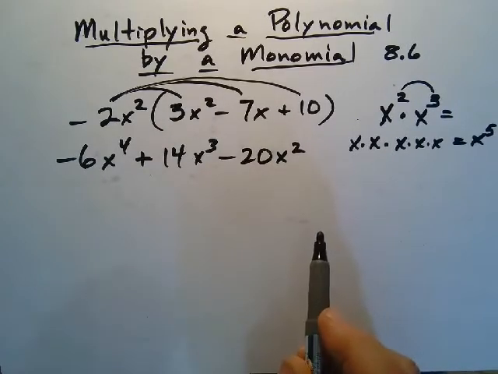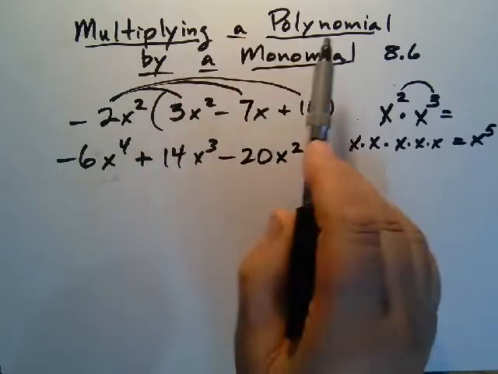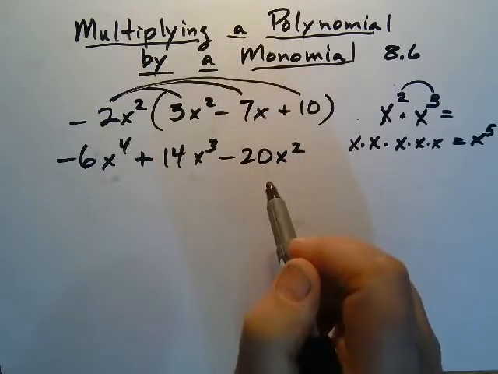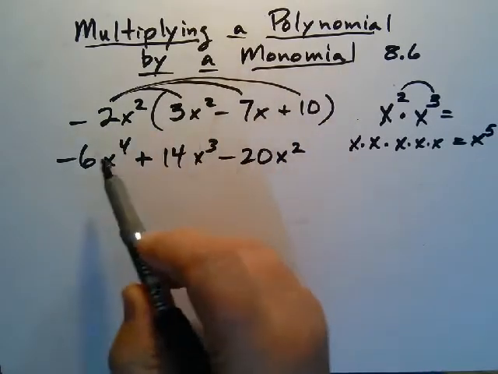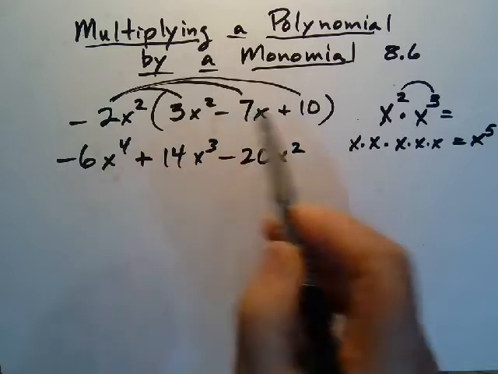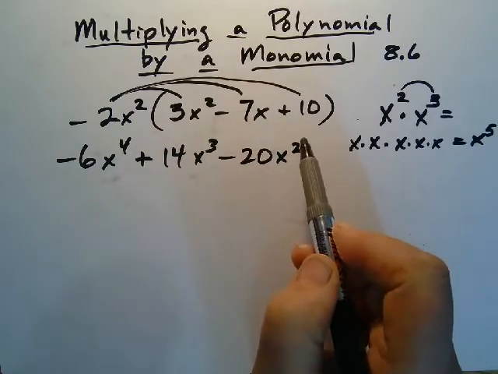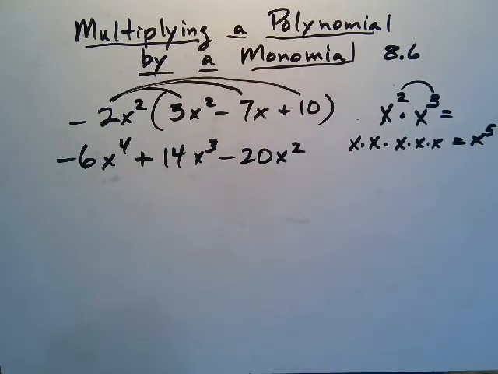We've just now distributed, multiplying a polynomial by a monomial. That's pretty much all that you need to do in regard to understanding how to distribute. You're always distributing. We're going to practice now simplifying something with multiple like terms. Okay?